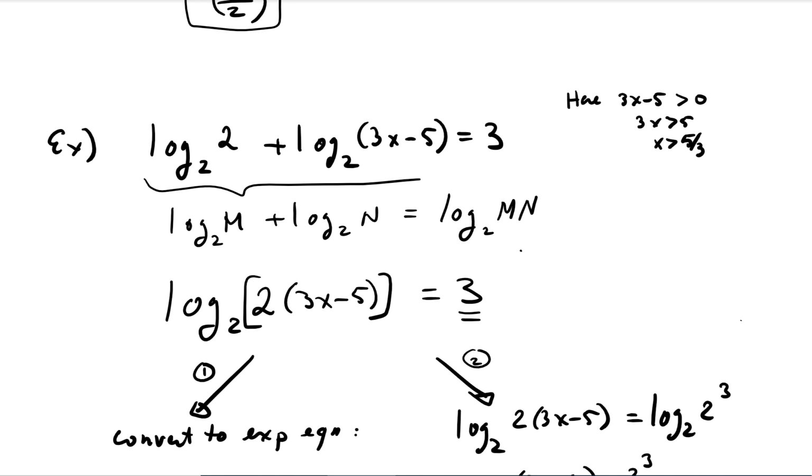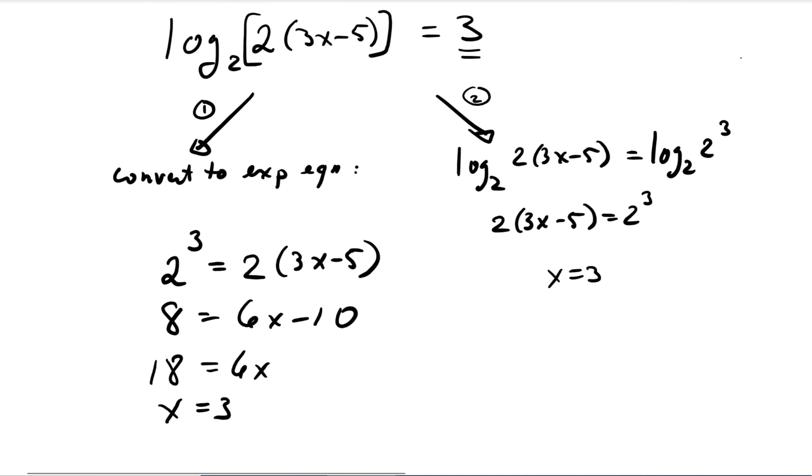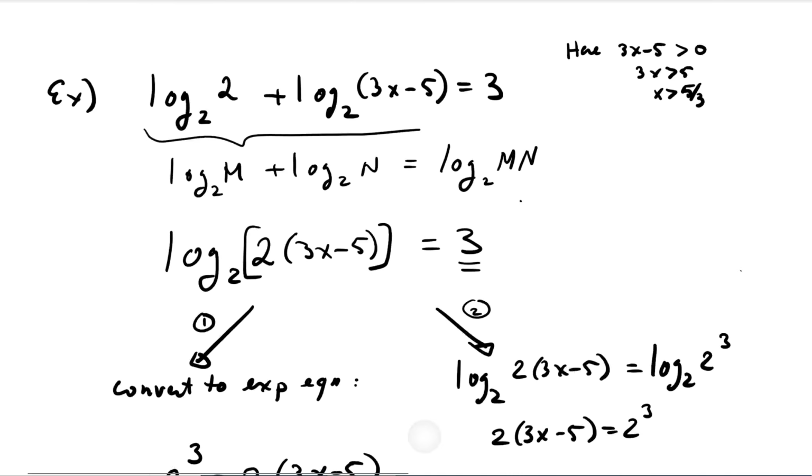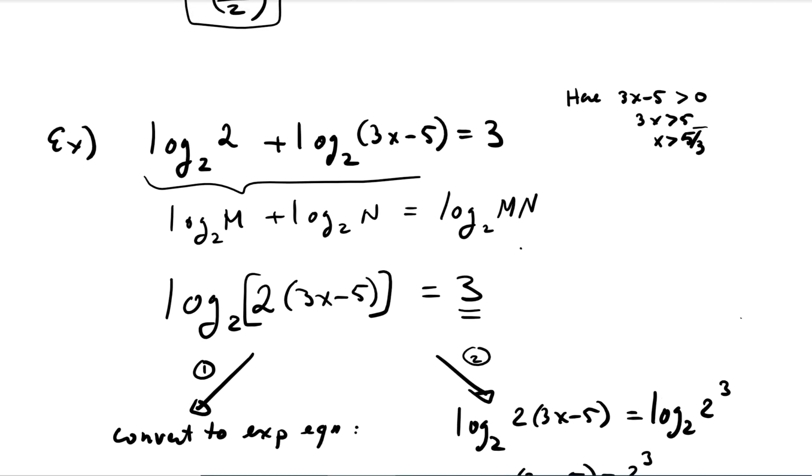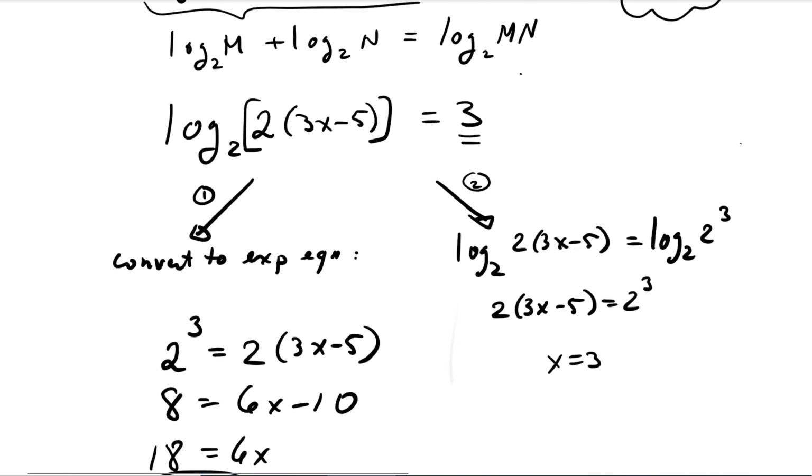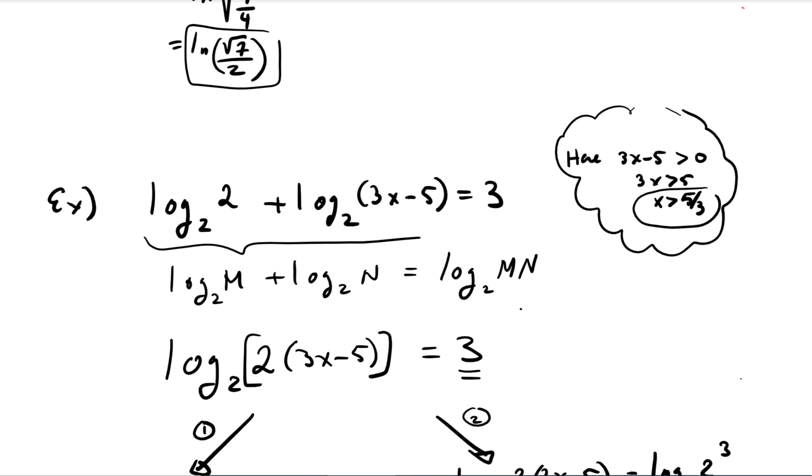So when you get back to your answer, you have to verify: does the answer I have fit into the domain? Here we could compare it. Is 3 greater than 5/3? Yes, it is. Now that involves doing some work, but there's an easier way. Once you get your answer 3, you could just replace it into the equation, just to make sure that you don't get a log of a negative number.